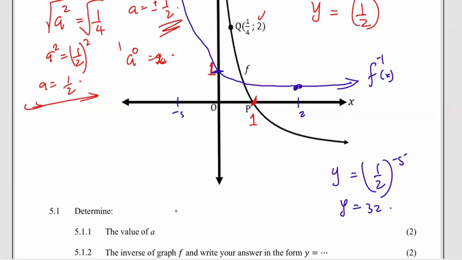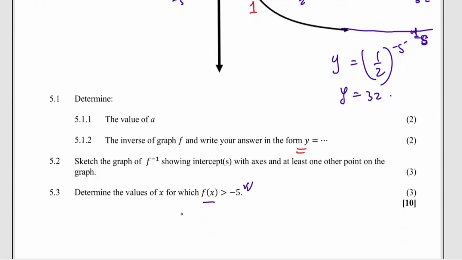So if it's negative 5, this must be 32. Here is going to be a 32 somewhere. If that's 32, negative 5 is going to be down here. Is that true? Because this is y.